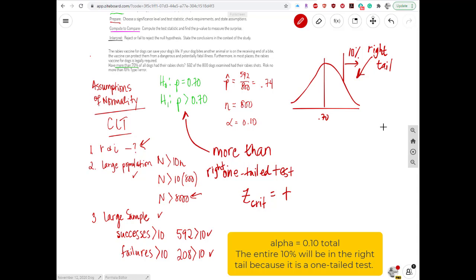This time, the whole 10% is going to be over here. Unlike the last few examples that we did where we were looking for any change and that alpha had to be split up equally, this time we're just looking for that whole 10%, or the alpha, to be in the right tail.